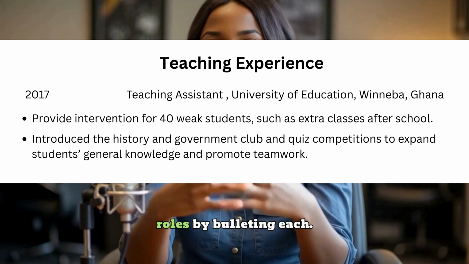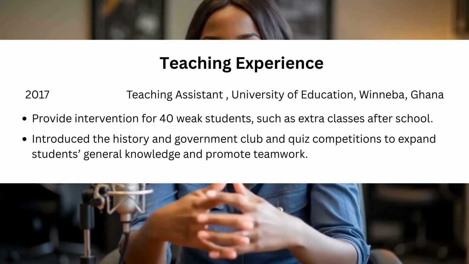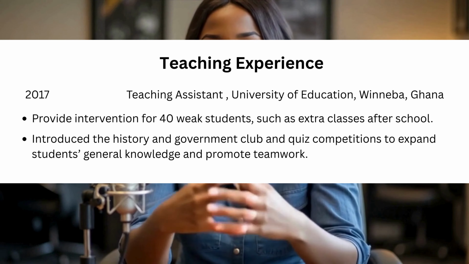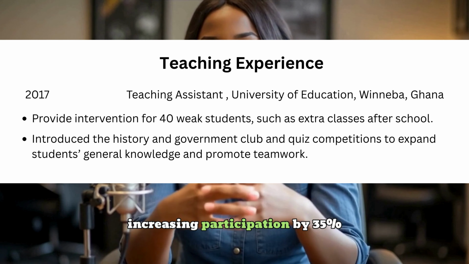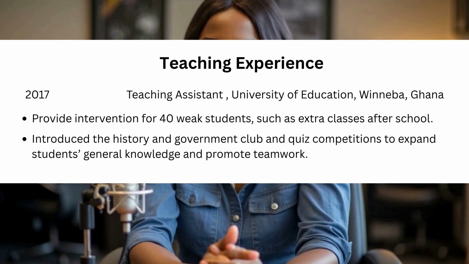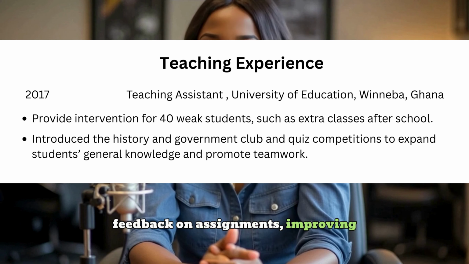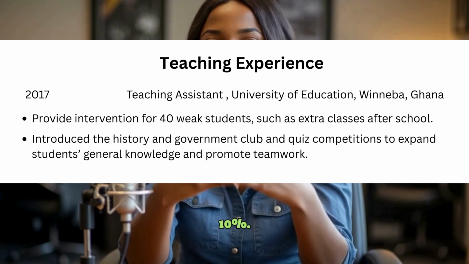Then you list the roles by bulleting each. For instance, led weekly discussions with 20 students, increasing participation by 35% based on attendance records. Role number 2 can be: provided detailed feedback on assignments, improving average student grades by 10%.